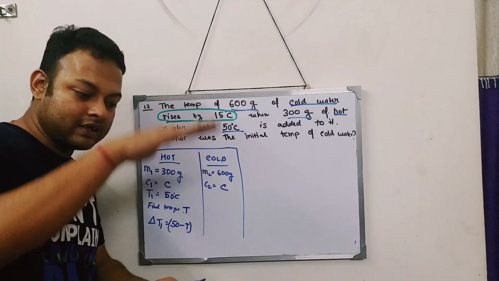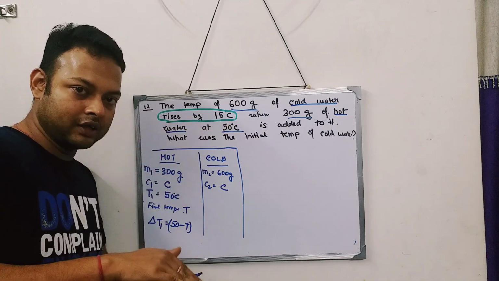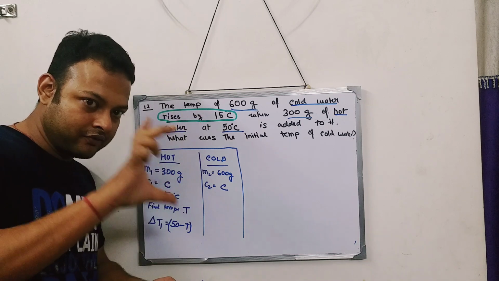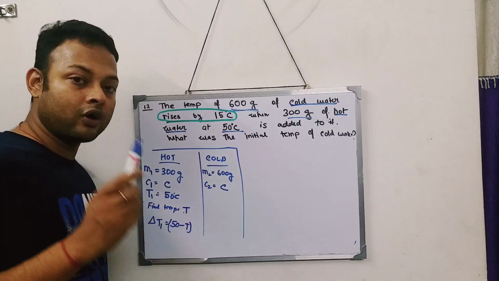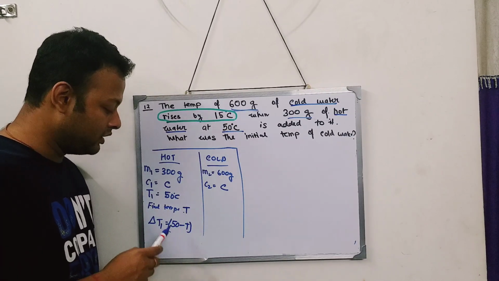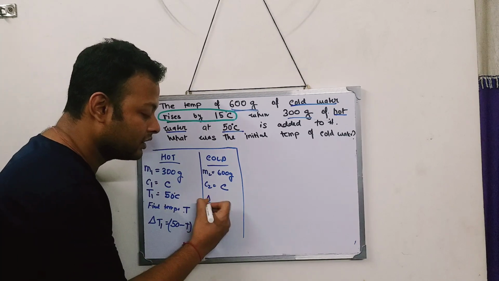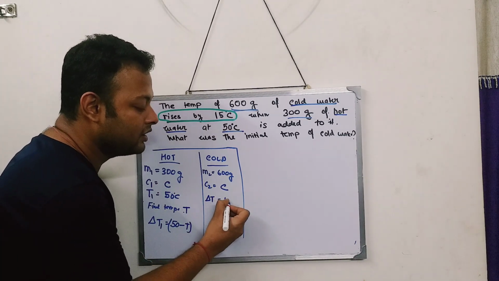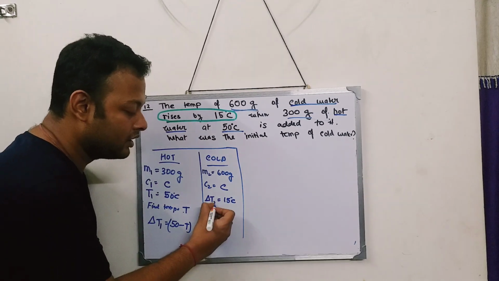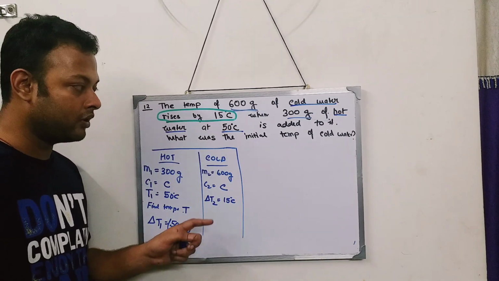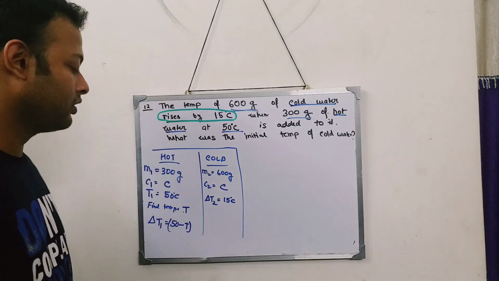This difference, final minus initial, higher minus lower, they are stating as 15 degree. So 15 degree is not T1, 15 degree is not the final temperature T, whereas 15 degree is the difference, delta T, that is equal to 15 degree centigrade. So I will write delta T2. The cold body temperature increases by 15 degree, that is why 15 is delta T2.